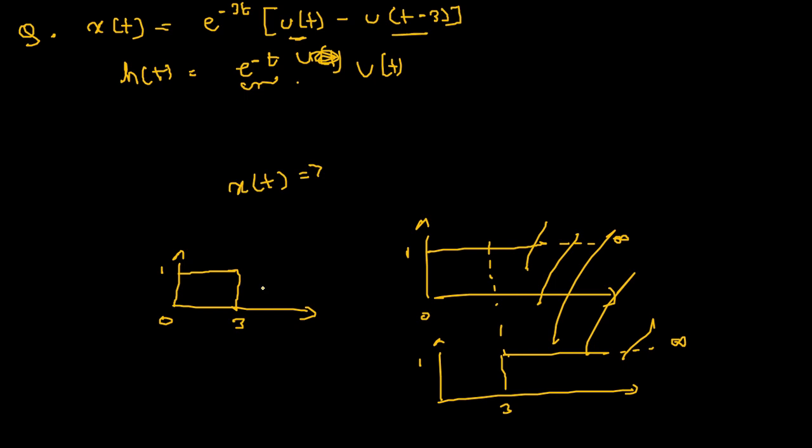So the function is defined only from 0 to 3, and what you are doing is multiplying e to the power minus 3t into 1 only in this region, because after that it's 0. So I can write the graph for x of t as something like this.